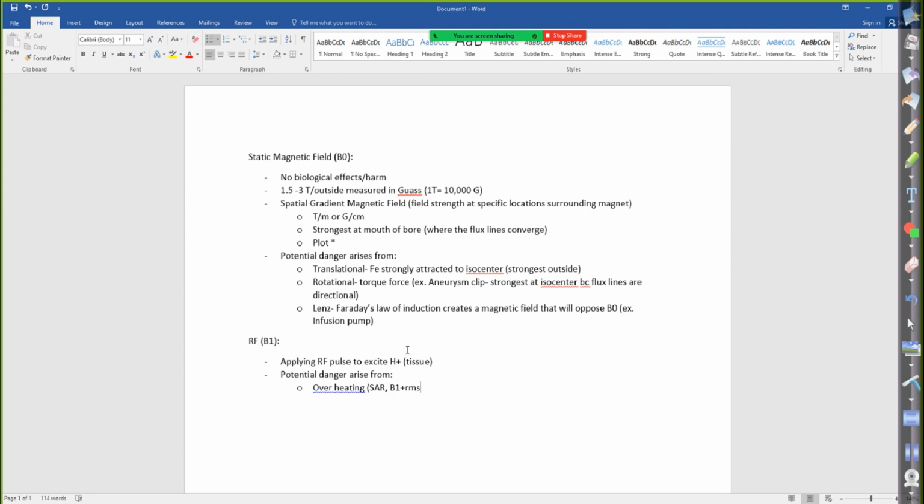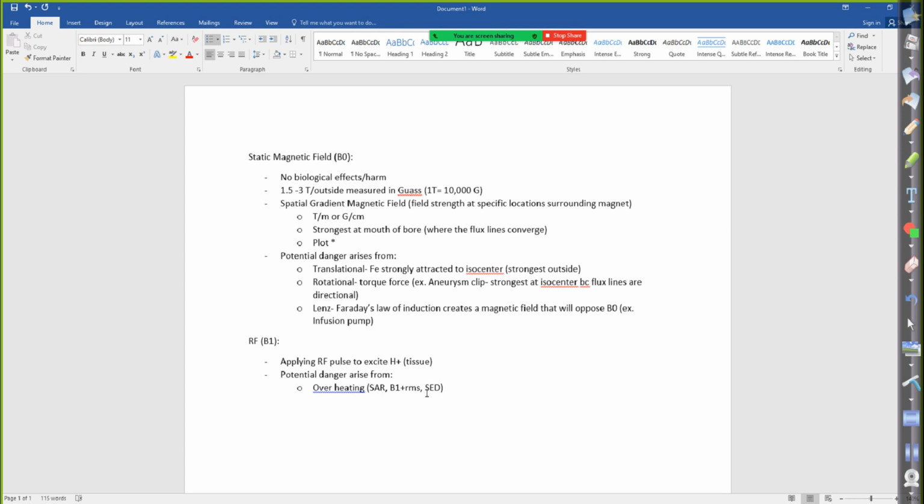RMS, which is, remember, B1 is the RF pulse coming into the patient, and it's the root mean squared. And what it is just kind of that positive pulse of that RF over 10 seconds. And we actually have another one, SED, and that's the entire pulse sequence.